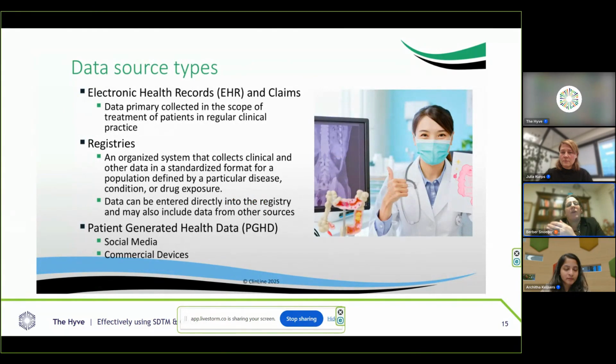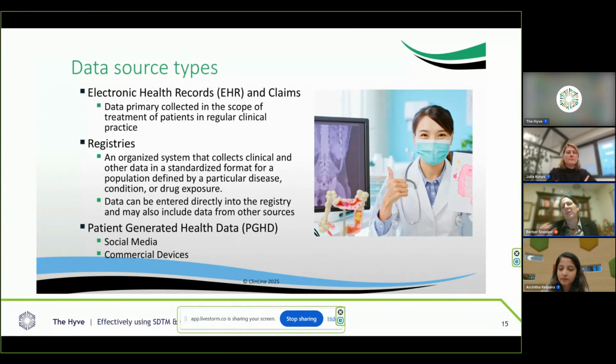So if we look at the different types of data sources, then we see electronic health records and claims, and that is data primarily collected in the scope of treatment of patients in regular clinical practice. That can be GP or specialist data. We also have registry data, which is an organized system that collects clinical and other data in a standardized format for a population defined by a particular disease or a condition or a drug exposure.